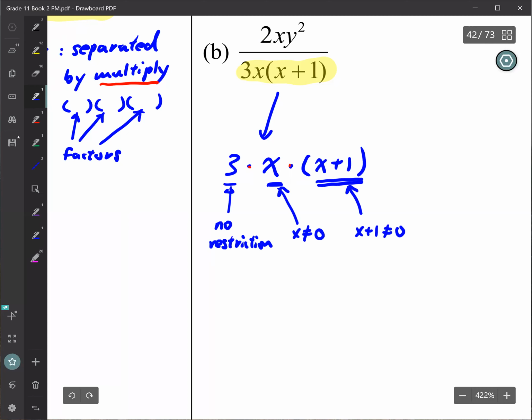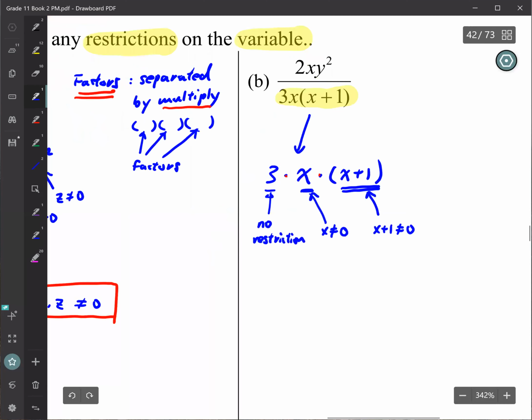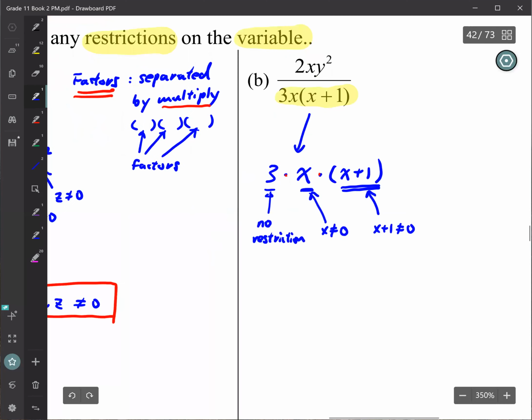Because if the whole bracket becomes 0, then when everything in the denominator is multiplied, it will become 0. Anything times 0 is 0. So from the bracket part, you cannot leave the answer like that. You need to isolate x. So move the 1 to the right side, and you get x cannot be -1.